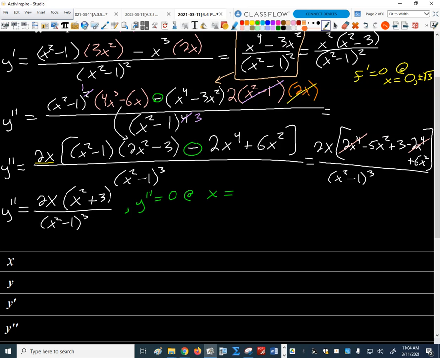Type it in chat. Where is the second derivative equal to 0? Now I've got it in factored form.